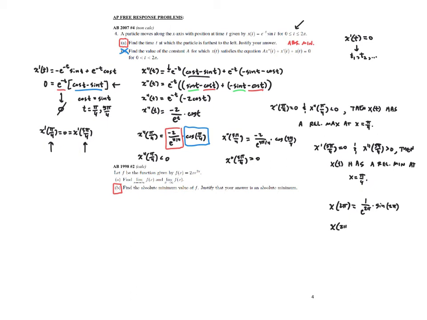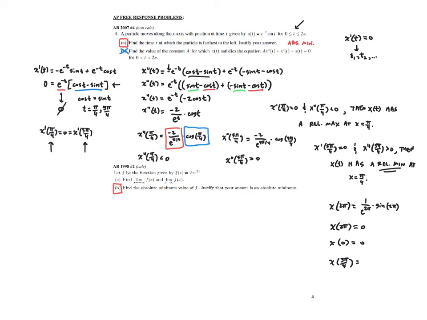So x of 2 pi would end up equaling 0. x of 0 would also equal 0. Since I know that I have a relative minimum here, I would need to know what x of 5 pi over 4 is. So I'm going to plug that in and see if it's less than 0.